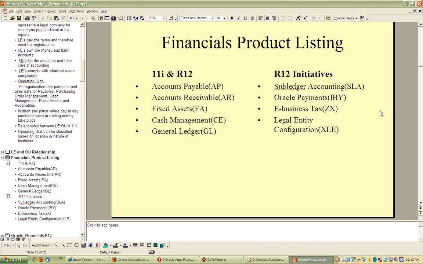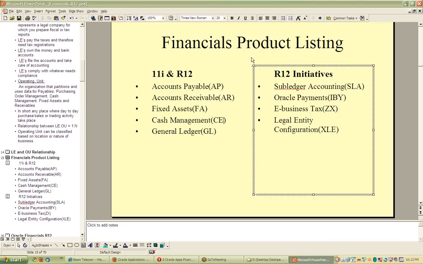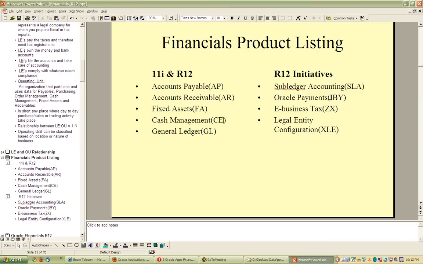You have an idea of what an acronym is and what a short definition is? An acronym need not represent the long definition, but a short definition should necessarily represent a long definition. If this is a short definition, then this should be CM. So Oracle uses acronyms for representing their modules and not the short definition.